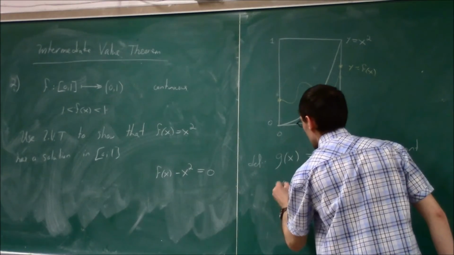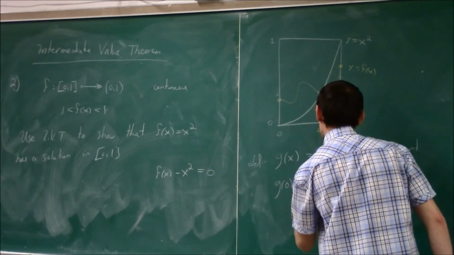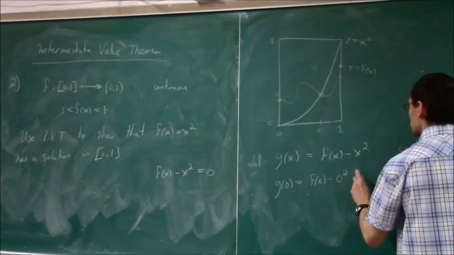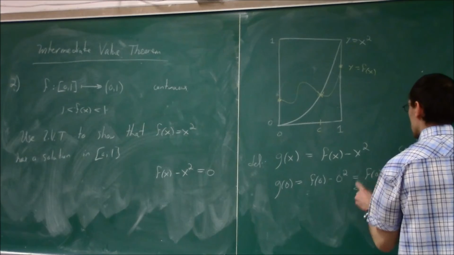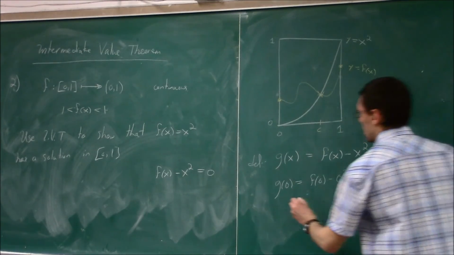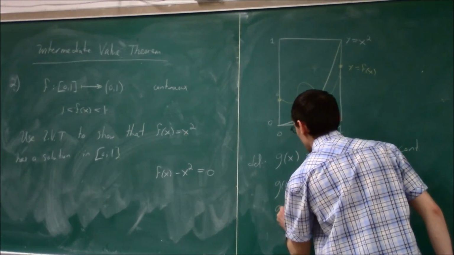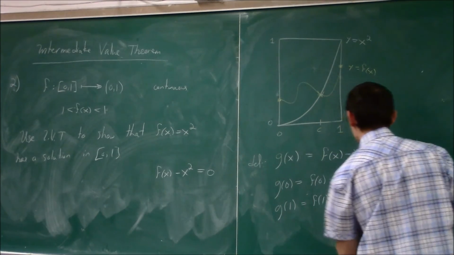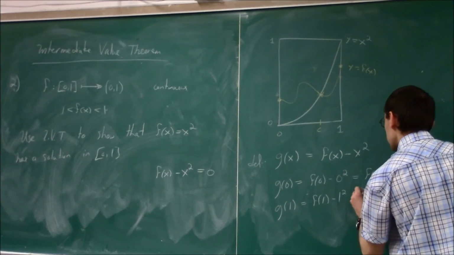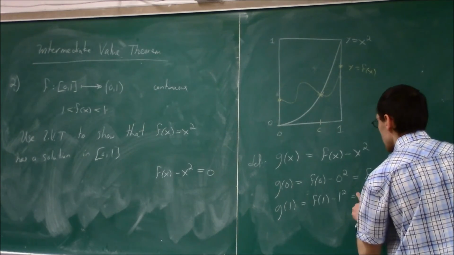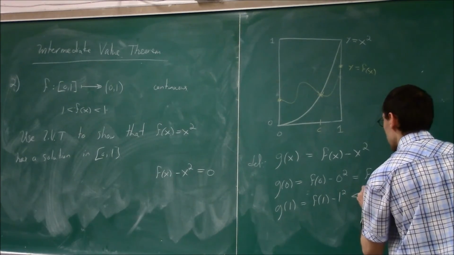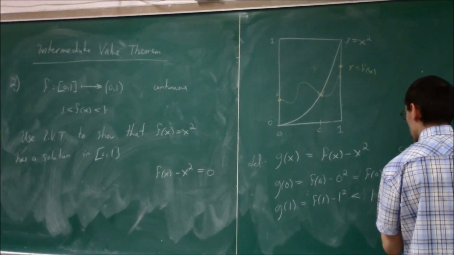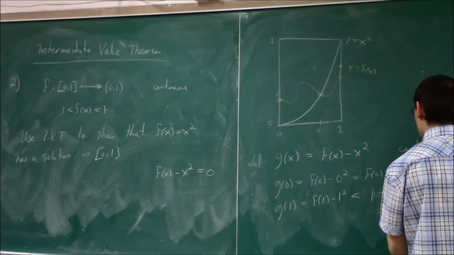Now we observe that g of 0 is equal to f of 0 minus 0 squared, which is f of 0, which is bigger than 0. We also observe that g of 1 is f of 1 minus 1 squared, which is smaller than 1 minus 1 squared, since f of 1 is smaller than 1. So that is smaller than 0.